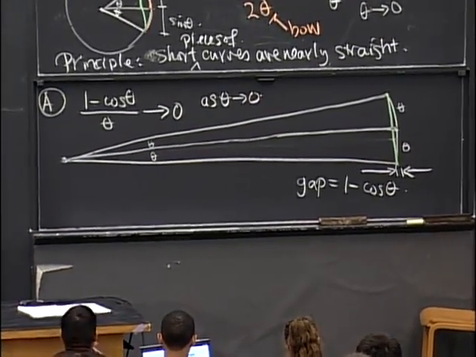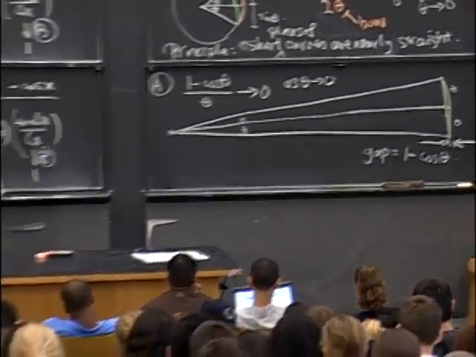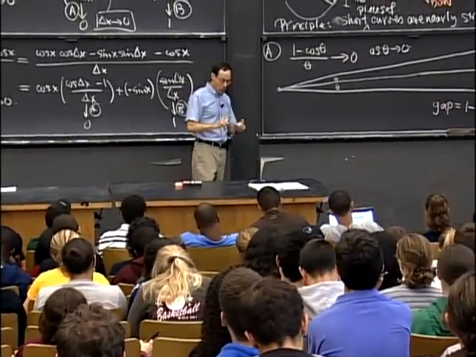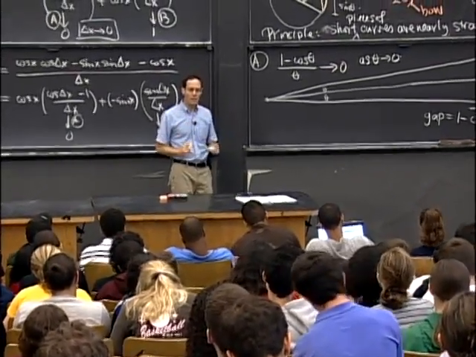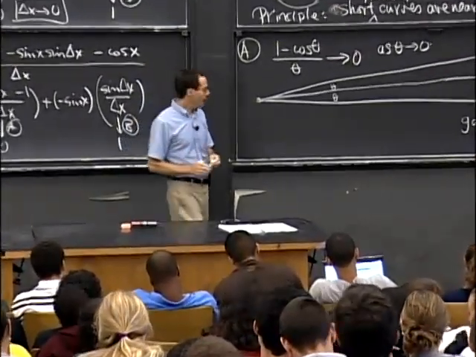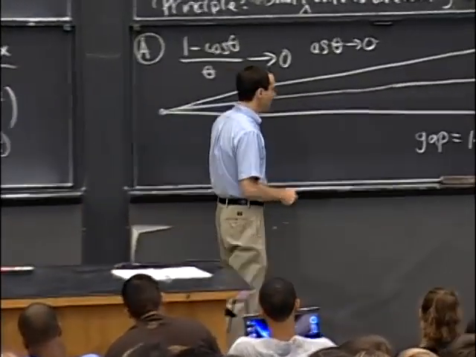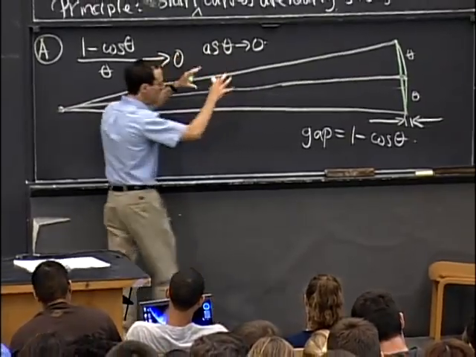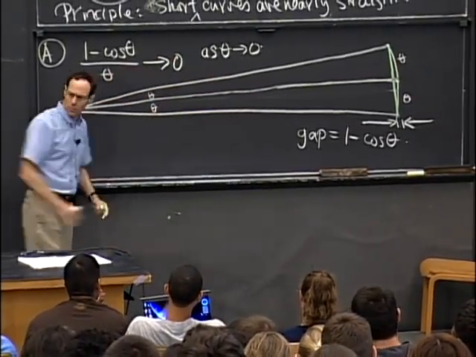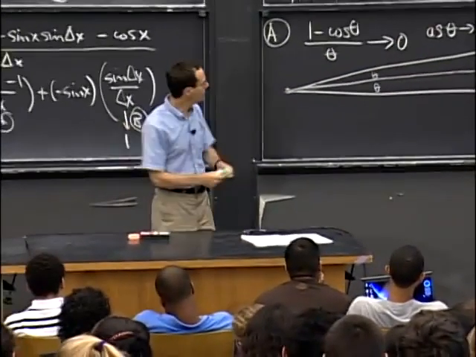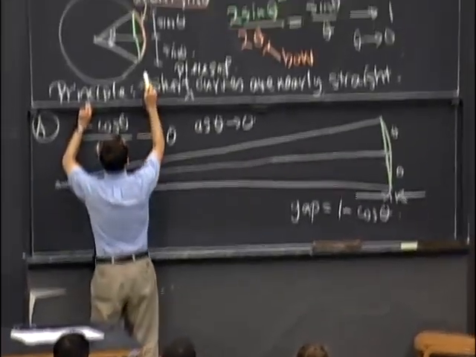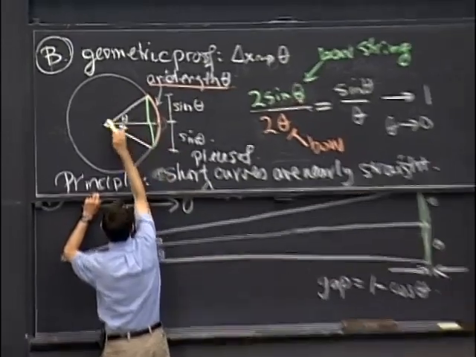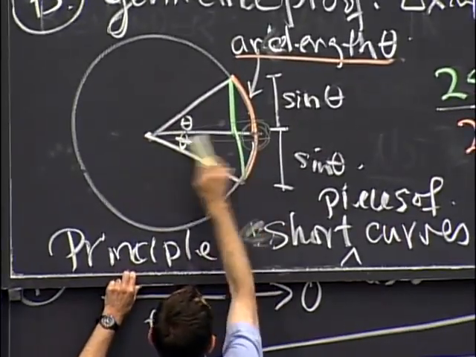Yeah, question down here. Could the denominator also tend to 0, though? The question is, doesn't the denominator also tend to 0? And the answer is yes. In my strange analogy here with zooming in, what I did was I zoomed out the picture. So in other words, if you imagine you're taking this and you're putting it under a microscope over here, and you're looking at something where theta is getting smaller and smaller.